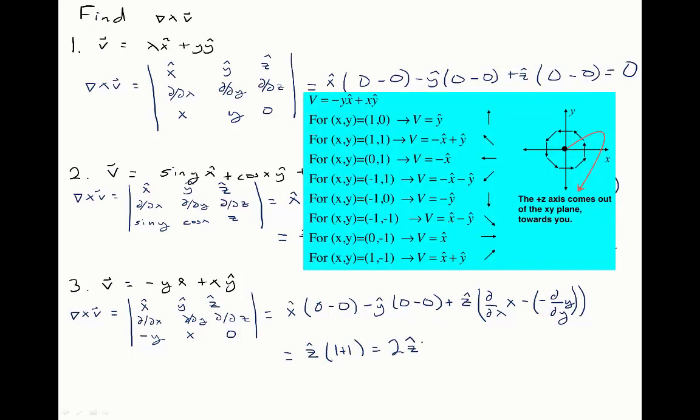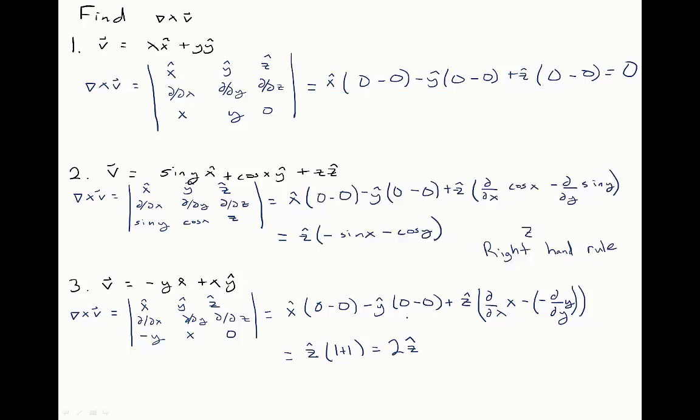If you look at the very small sketch I made for this when we were calculating divergence, this function does look like it curls because it just swirls around but it doesn't spread out. And so if you wrap your fingers around, it's going around counterclockwise on the screen. And so your thumb is coming out of the screen. And that's the positive z hat direction.